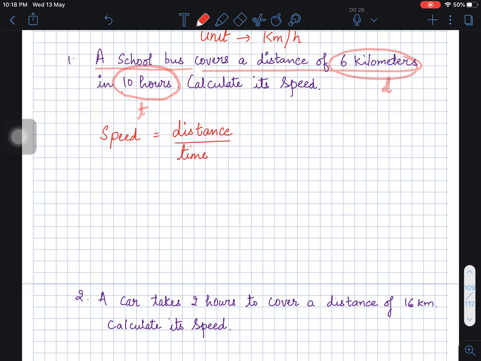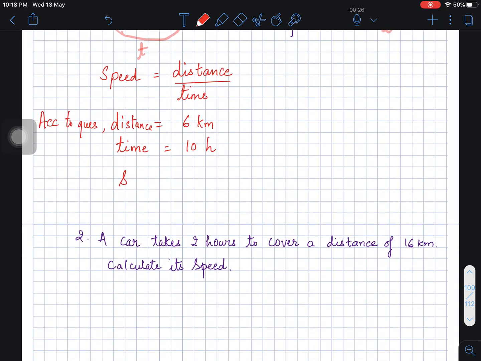You can even write distance covered and time taken, or simply distance upon time. According to the question, distance is 6 kilometer, where k is small, and the time is 10 hour. I'm writing h for that.